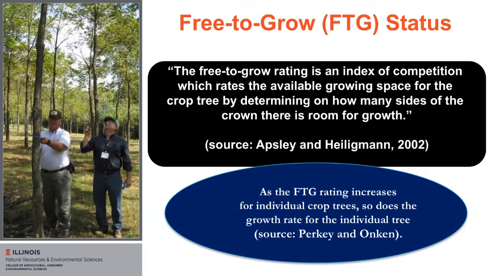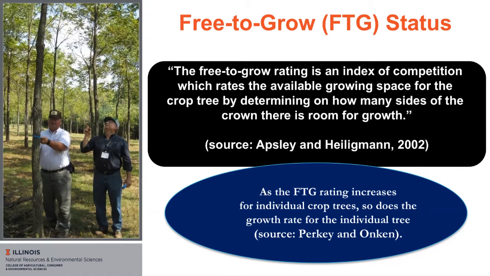And another definition, the free to grow rating is an index of competition which rates the available growing space for a crop tree by determining on how many sides of the crown there is room for growth. So as the free to grow rating increases for individual crop trees, so does the growth rate for the individual tree.